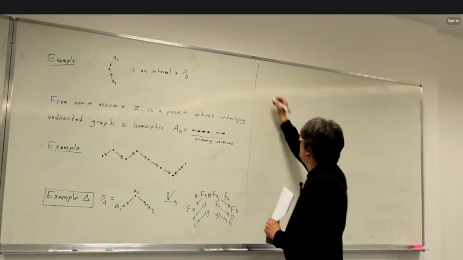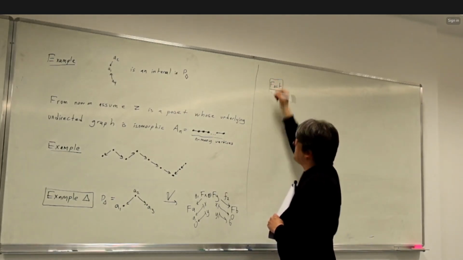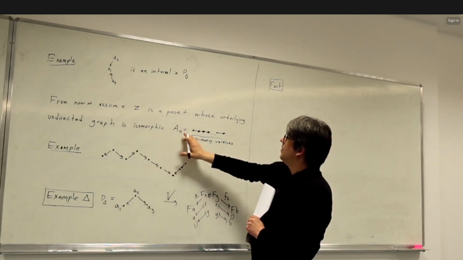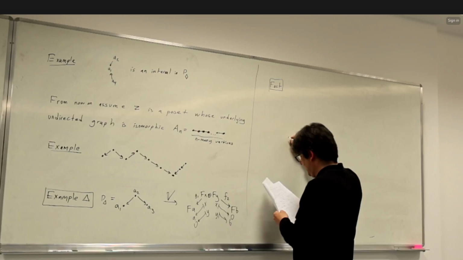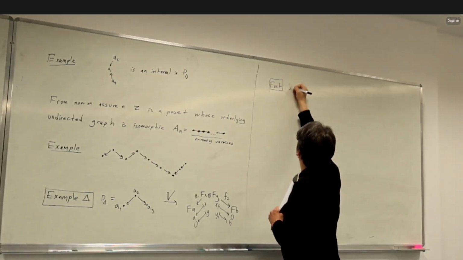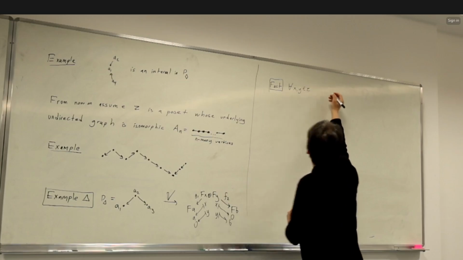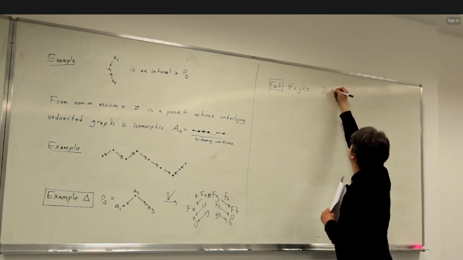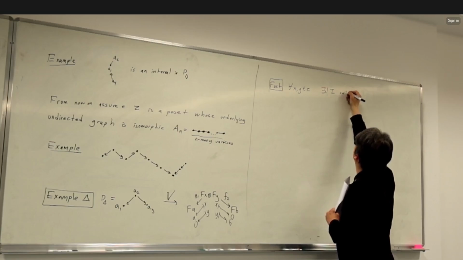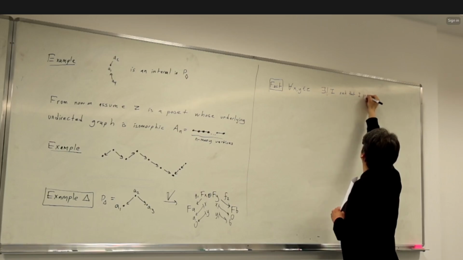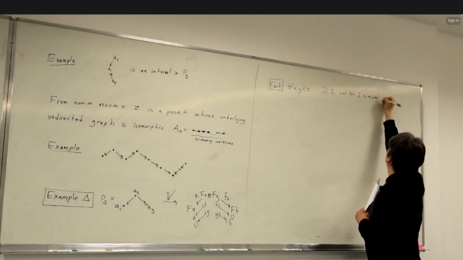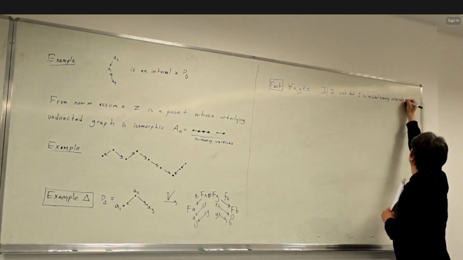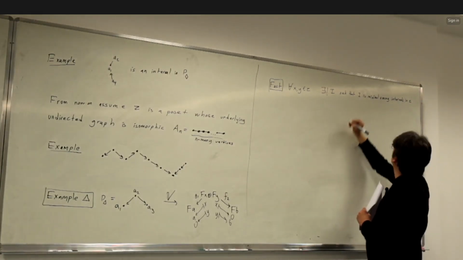Now, one fact is that there exists a unique interval between any two objects of tau. So given any two objects x and y in tau, there exists a unique interval I such that I is minimal among intervals in tau that contain both x and y.